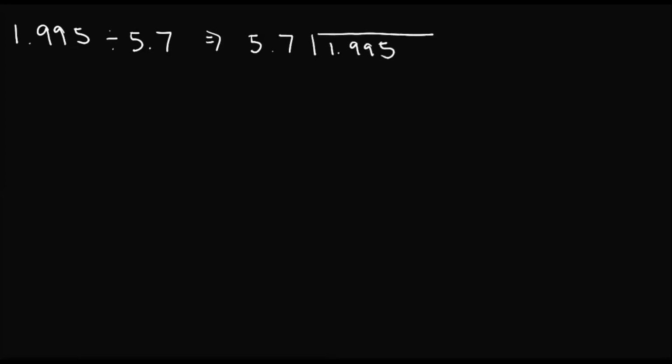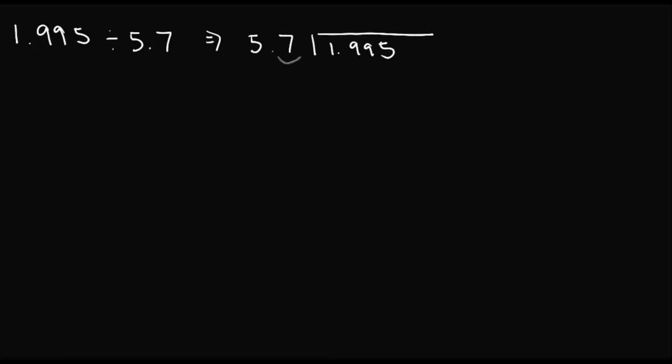And so let us try this one last example. If we have 1.995 divided by 5.7, so we can write this one as 5.7 divided by 1.995. Again, the key is to make the divisor a whole number.